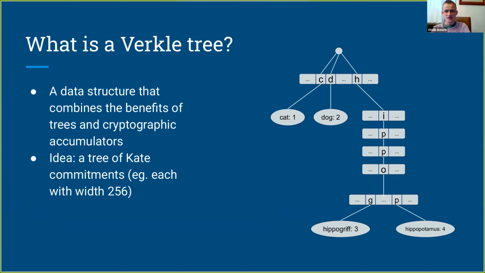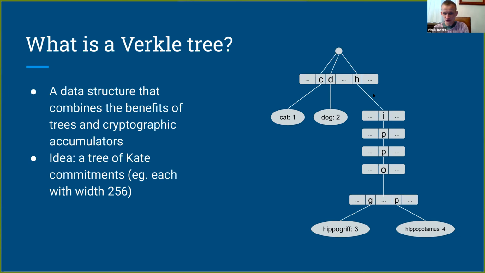When I say trees, I mean things like binary trees and hexary trees and Patricia trees and AVL trees and that whole family. And when I say cryptographic accumulators, I mean either Kate commitments or RSA accumulators or any of these fancy mathematical constructions. So Verkle trees try to be a kind of compromise in the middle of these and have a lot of the good properties of both accumulators and trees.